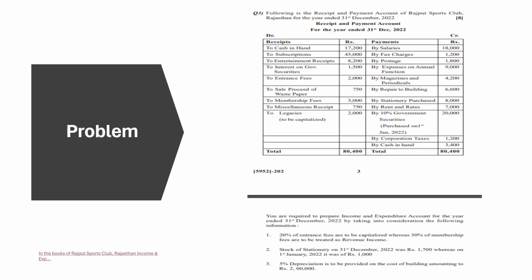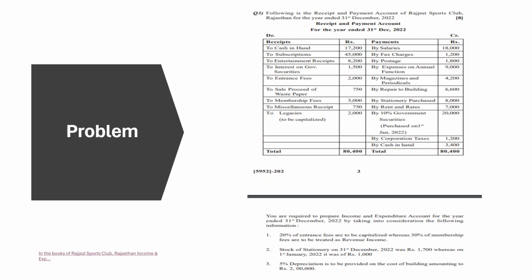By stationery purchase 8,000. There is an adjustment on that. We have already marked it. What is the adjustment there? Stock of stationery on 31st December 2022 was rupees 1,700, whereas on 1st January 2022 it was rupees 1,000. So there was an opening stock of stationery of 1,000 in the adjustment, and at the end of the year, 31st December 2022, the closing stock is 1,700.